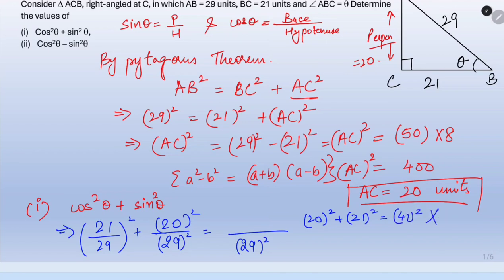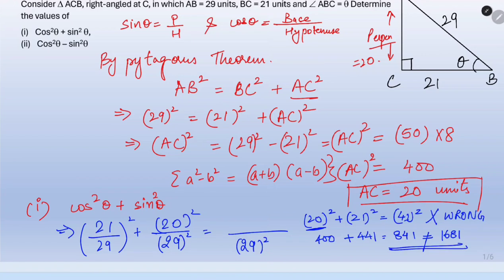This is completely wrong. Why wrong? Because 20 square is 400 and 21 square is 441, which is equal to 841, which is not at all equal to 41 square, which is 1681. Remember this.